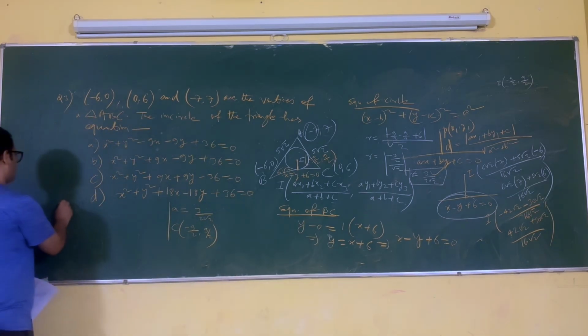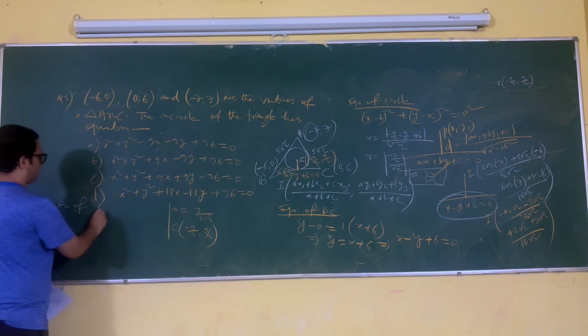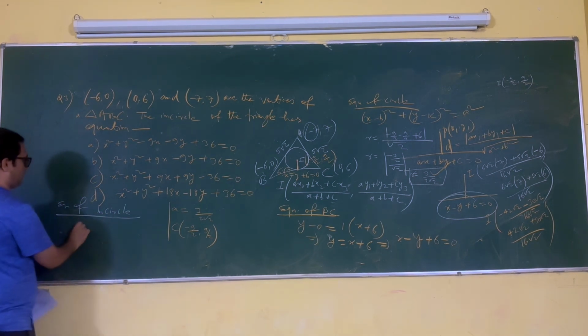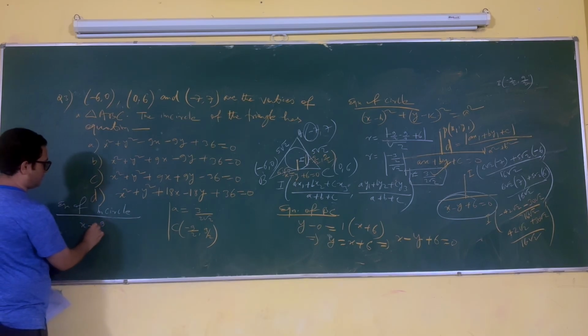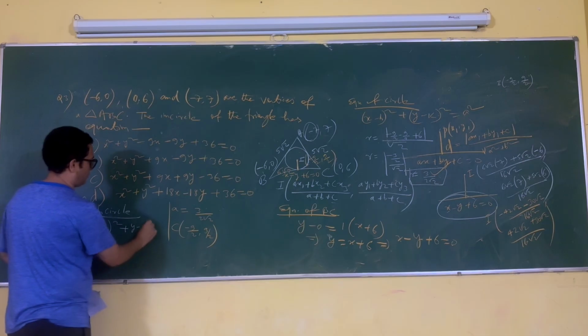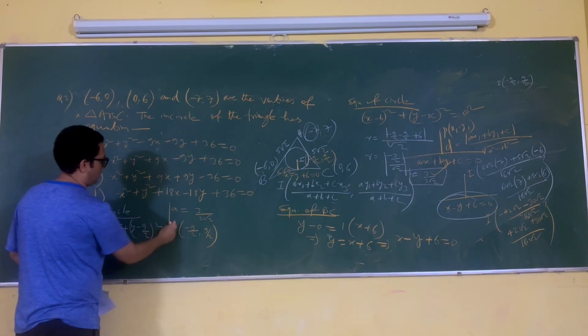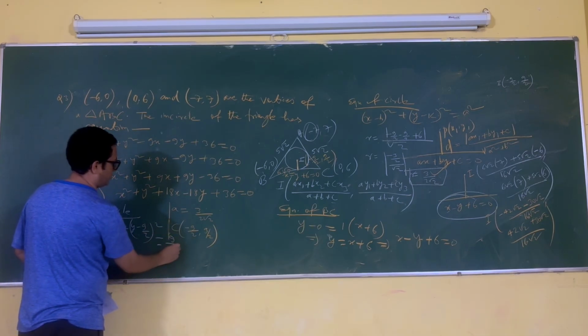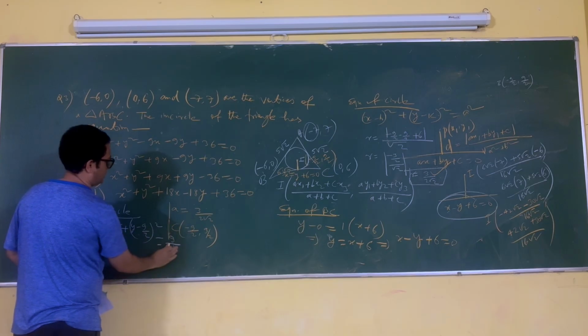So equation of the circle is x minus (minus 9 by 2) whole square plus y minus 9 by 2 whole square is equal to 9 upon 8.